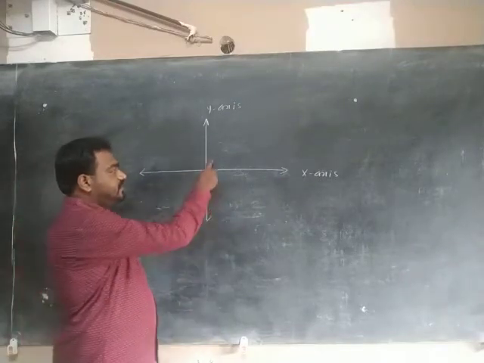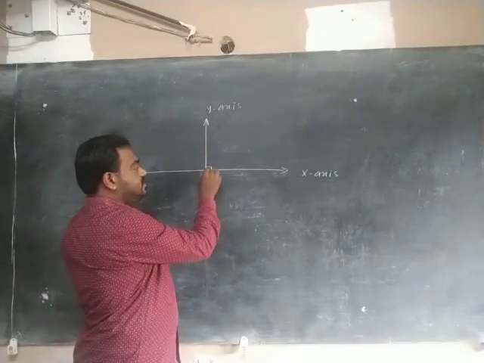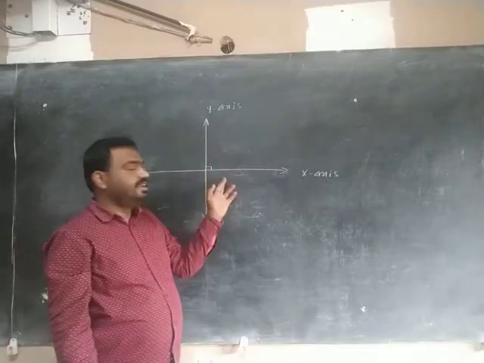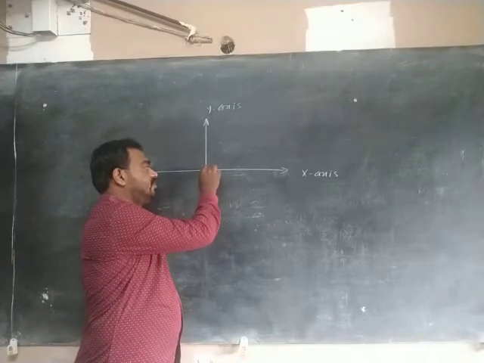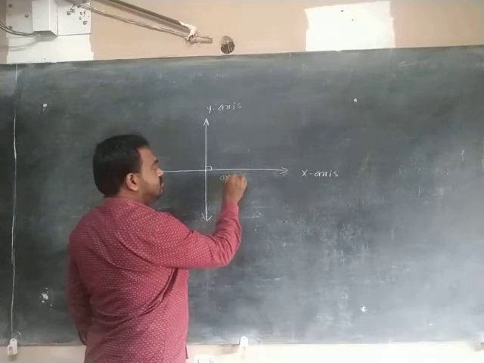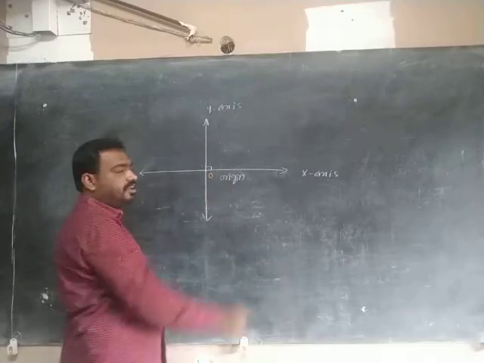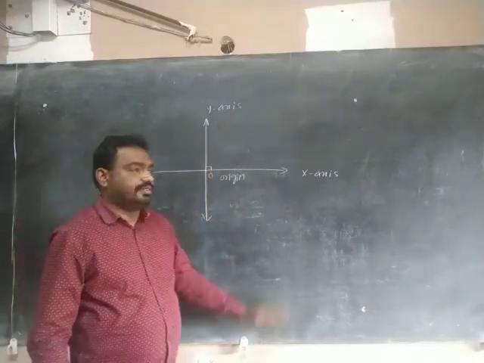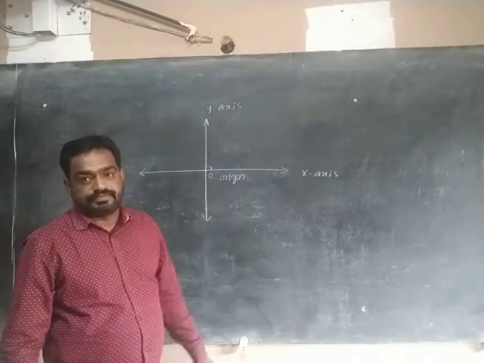The point of intersection of these two lines, they are intersecting at one point. That point is called origin, denoted by O. So this is the coordinate system or Cartesian coordinate system.